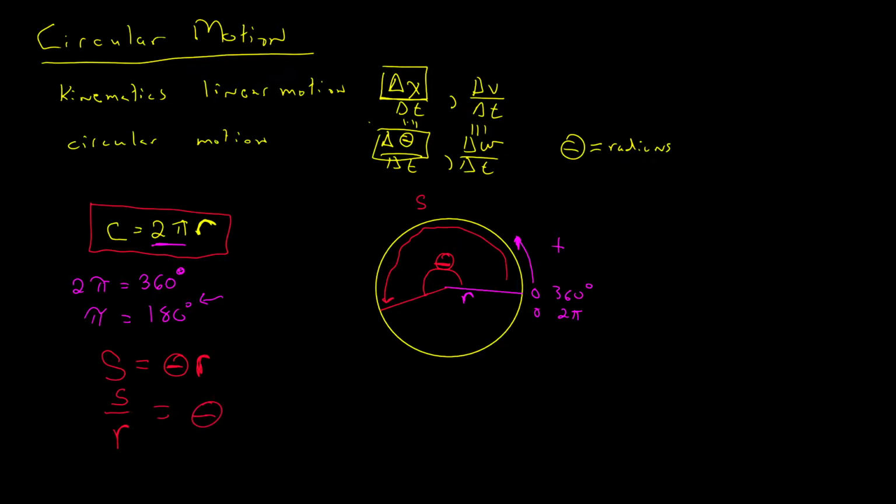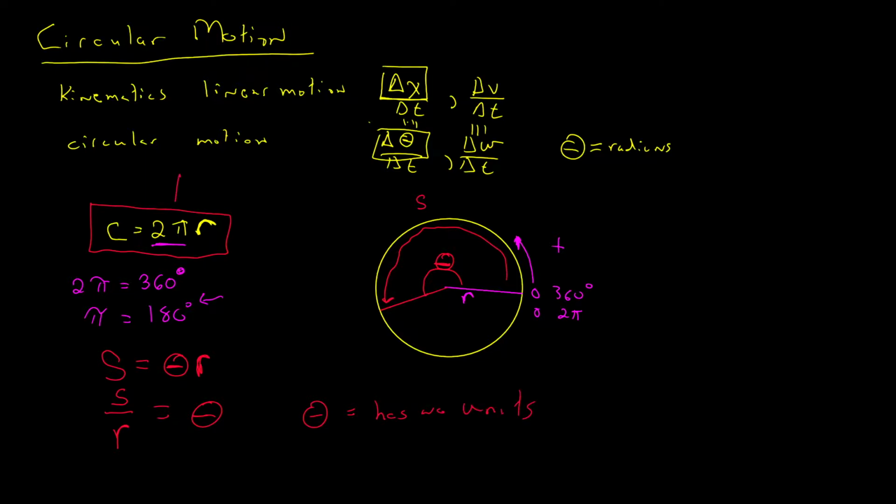But the arc length is going to be measured in units of length, and the radius is going to be measured in units of length. And length over length is unitless. So theta has no units.